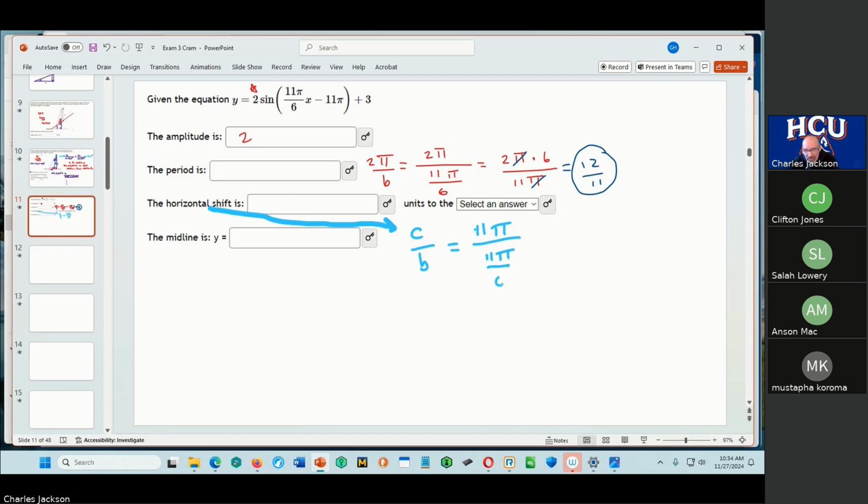So coincidentally, 11 pi appears in both the B and the C. So flip the bottom and multiply 11 pi times 6 divided by 11 pi.